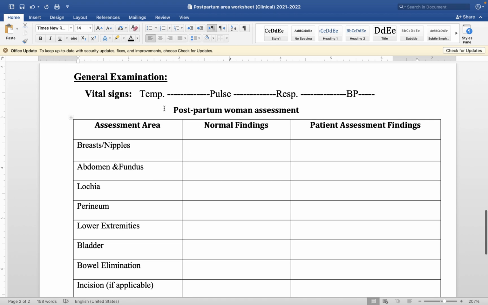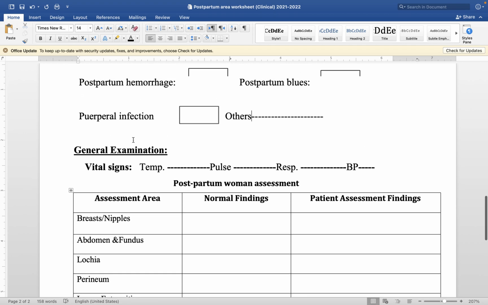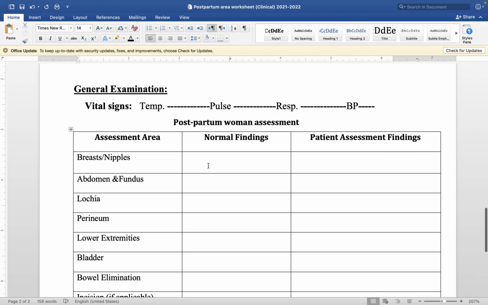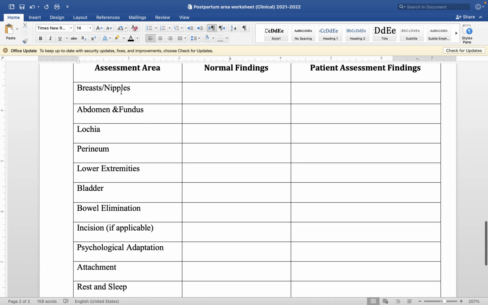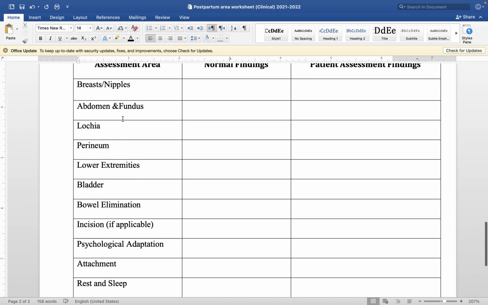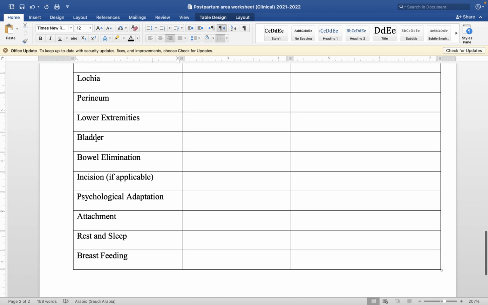In the general examination, actually this is a lab by itself. We're going to, inshallah, cover it in the lab, how to do a postpartum assessment for women who recently delivered their baby. So we are just here having this table to help you go through the examination. We're going to start with breast and nipple, abdomen and fundus, lochia, perineum, lower extremities, bladder, bowel elimination, incision if applicable.